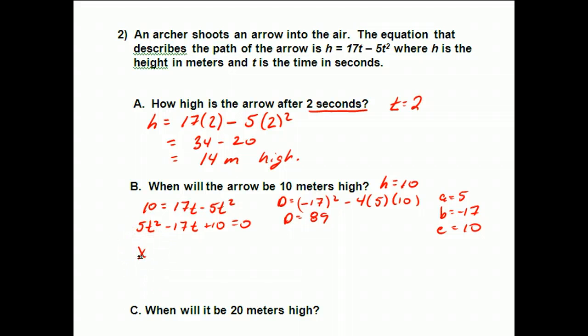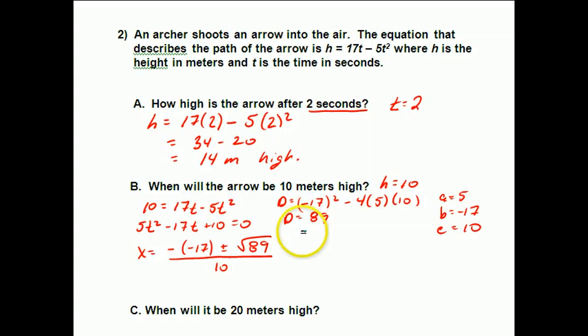Let's dump that into our quadratic formula now. So x is equal to negative b, so negative minus 17, plus or minus, now we've got the discriminant already, the square root of 89. Because we know this is not a perfect square, we couldn't have factored it, so it's a good thing we chose the quadratic formula. We're going to divide all of that by 2a, which is 10.